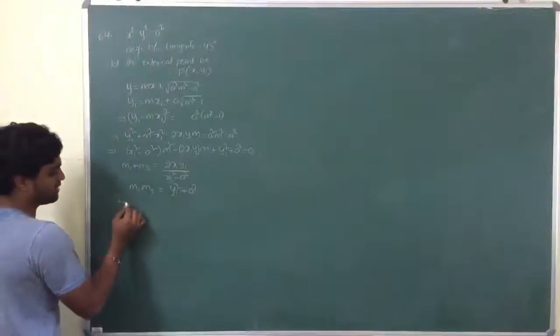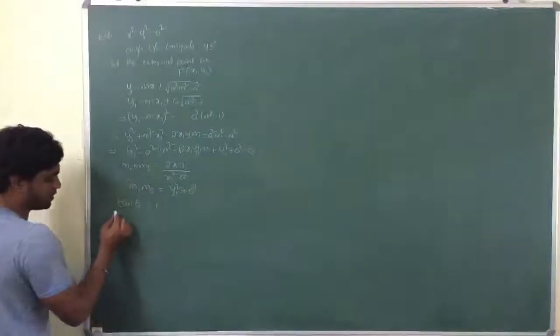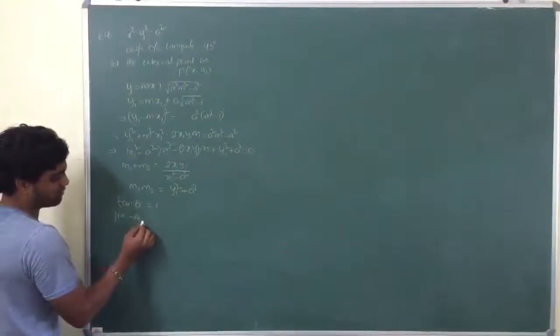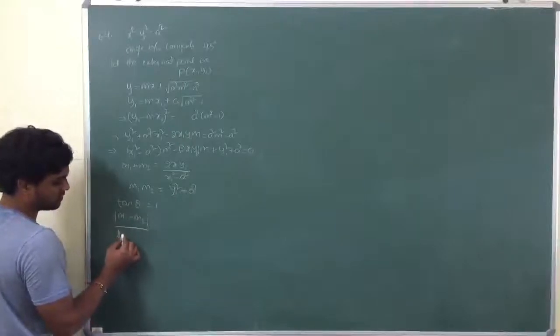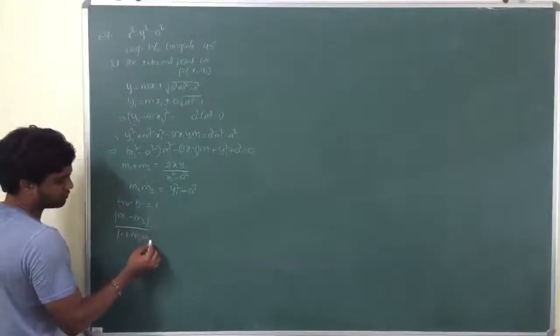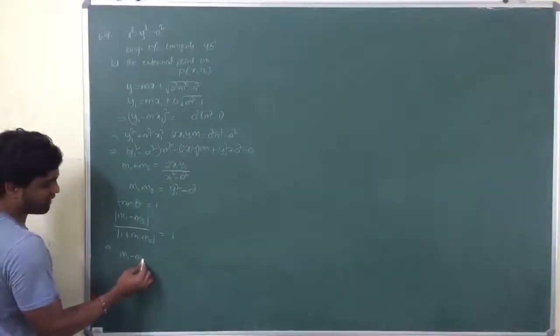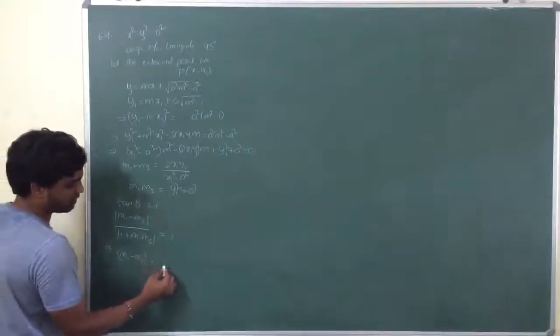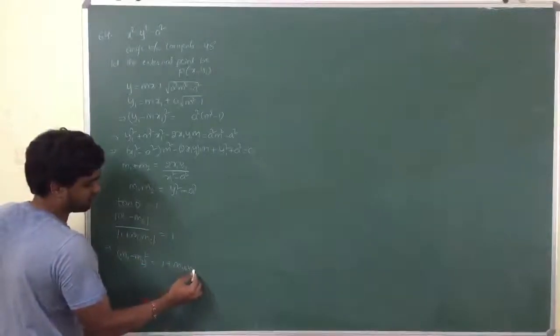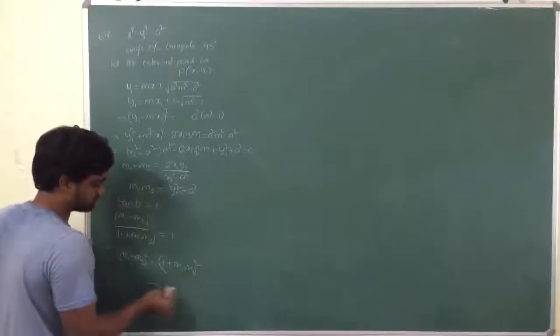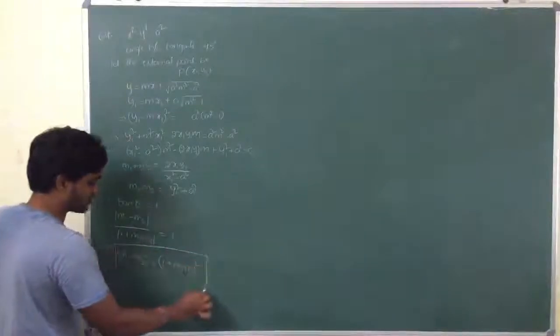Now tan theta is equal to 1. So mod of (m1 minus m2) by (1 plus m1 m2) is equal to 1. Squaring on both sides, (m1 minus m2) whole square is equal to (1 plus m1 m2) whole square. This is the equation of locus.